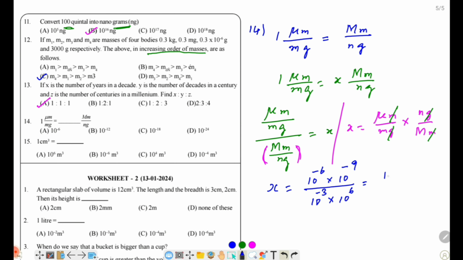So you can write 10 power minus 15 divided by 10 power 3, which finally is 10 power minus 18. So the answer is C.